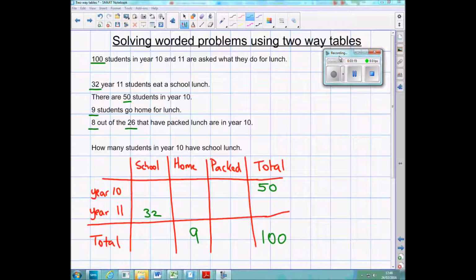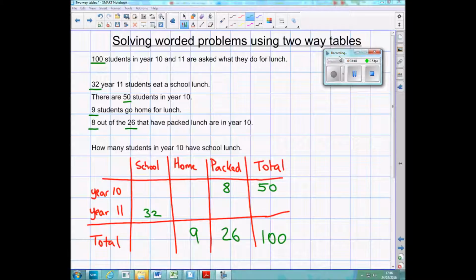And if you think about it, only one of these numbers could be a total, and that would be 26. The reason 8 couldn't be a total is because if 8 was a total and then I was putting 26 in for year 10, then there's no way that the data could be bigger than the total. So the bigger number is going to be the total. So I still need to put in 8, which is year 10s that have packed lunch.